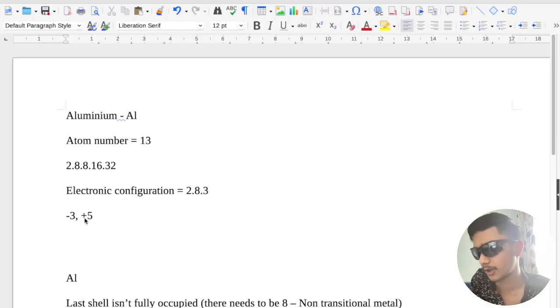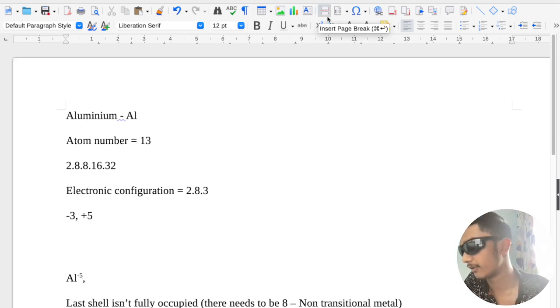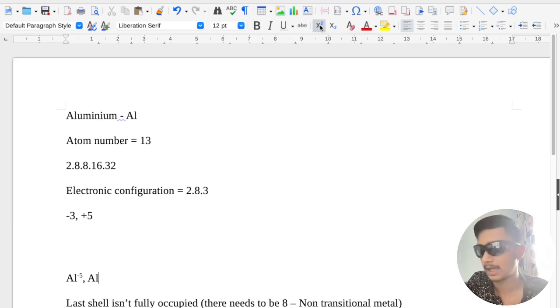So an electron has a negative charge. By adding 5 electrons, you're getting 5 negative charges, meaning that the overall charge goes down. So if you add 5 electrons, it becomes minus 5. And again, if you take away 3 negative electrons, it becomes Al plus 3.